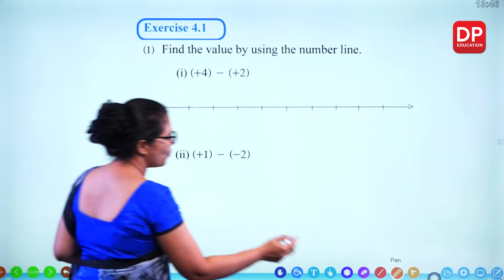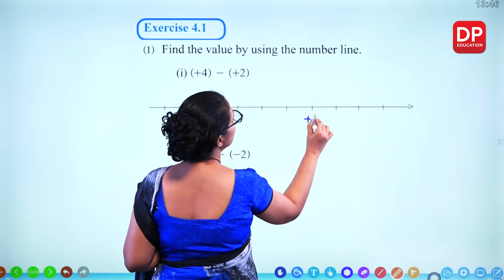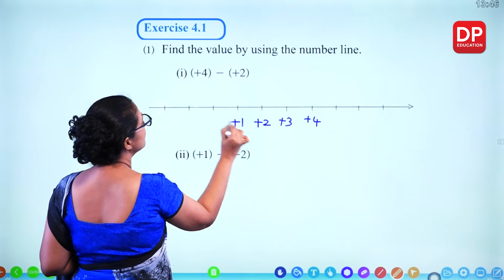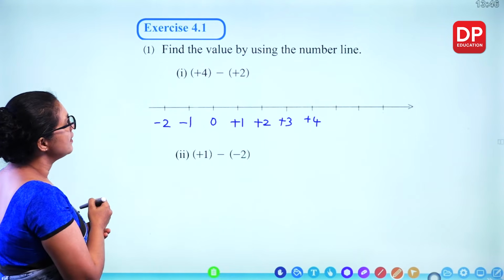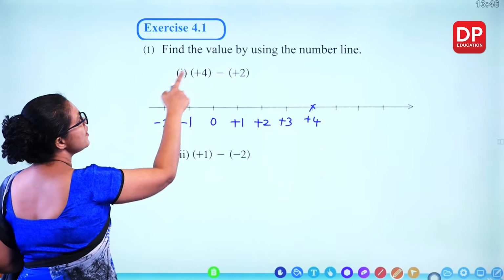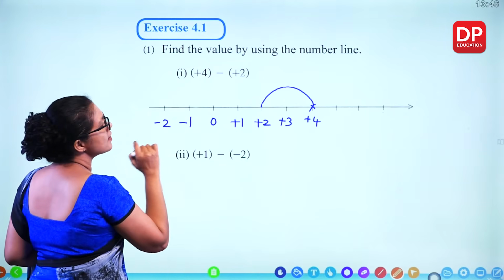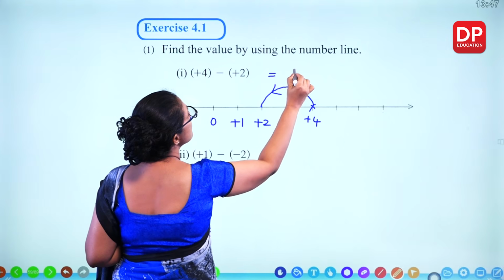So +4. We'll mark it somewhere here. And starting value is +4, moving towards left side by 2 units. So final answer is +2.